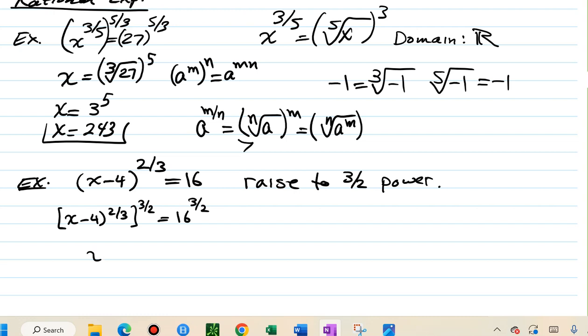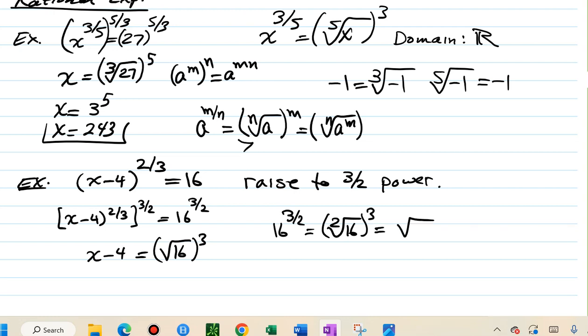The left side is the easy side, actually, because reciprocals multiply to 1. And on the right side, I just have the square root of 16 cubed. Remember, when the index is 2, we don't write it. So 16 to 3/2 is index 2 of 16 cubed.